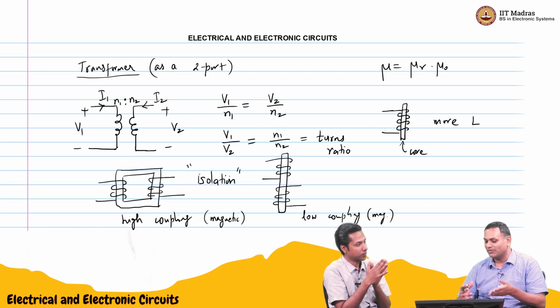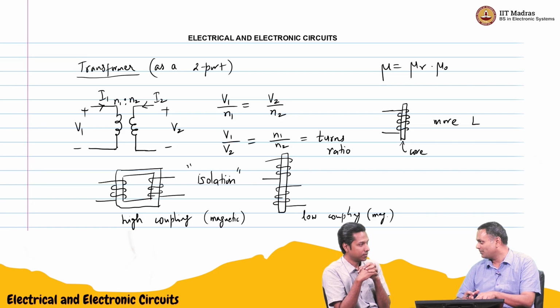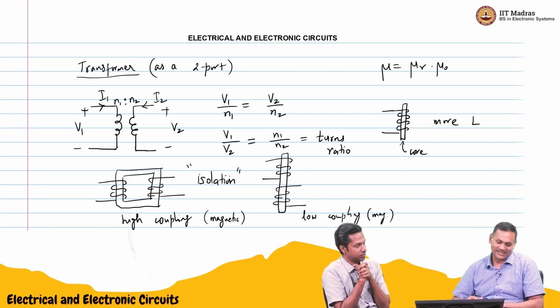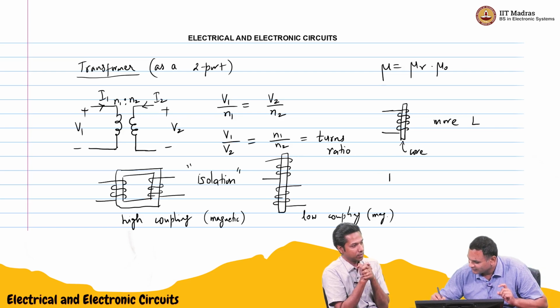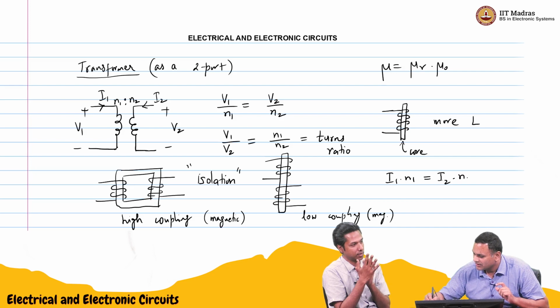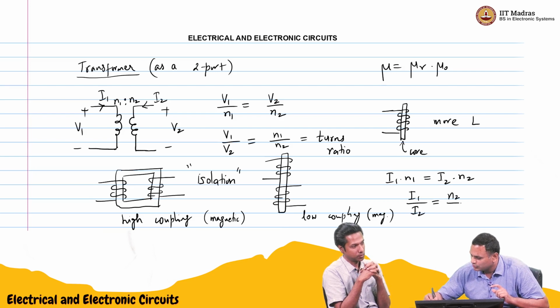Because they are strongly coupled, the magnetomotive force will be the same on both sides. So we say that I1 times N1 is I2 times N2. So the ratio of the currents will be the inverse of the ratio of the voltages, N2 by N1.